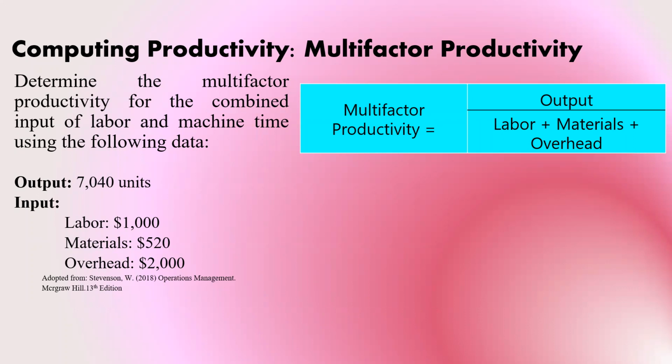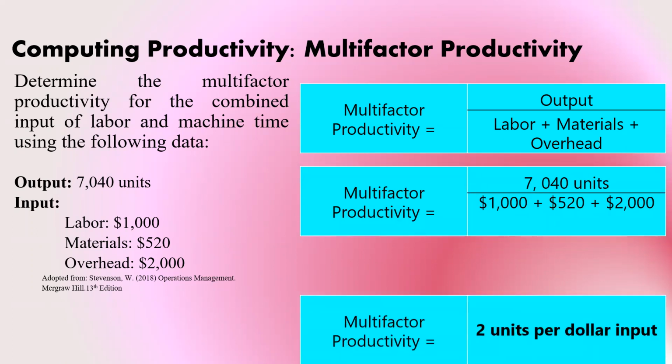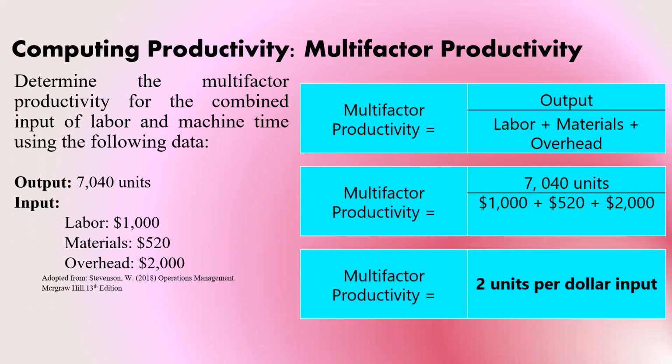So you add all the inputs and then substitute. So 7,040 units divided by $1,000 for labor, $520 for materials, and $2,000 for the overhead cost. When you compute all that, you get 2 units per dollar input. So this is the multi-factor productivity, and your output per dollar input is 2 units. Okay?